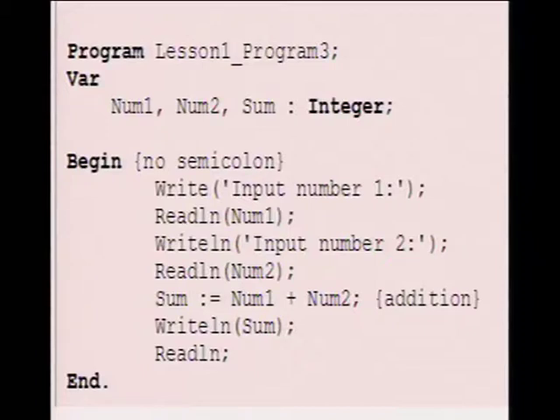If my variables are numbers, then we tell the computer integer. So the word integer here is telling the computer that, listen, Mr. Computer, these are integers, meaning they are numbers.